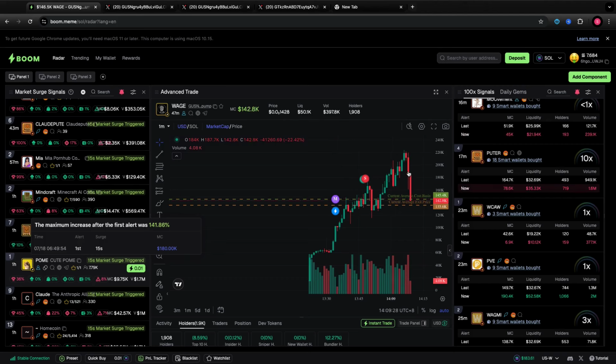But anyhow, take a look at this. You see, if I went in here and held a little bit longer, I would have made maybe like a 75% profit, which is okay. However, what if it didn't go my way and it ended up going to about 40k, 20k, I would have really felt bad.